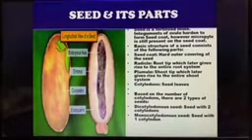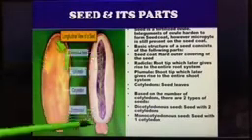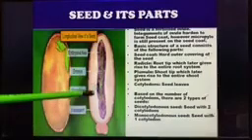So here the cotyledon part is very important because it reserves food material. When the seed starts germinating or when it is in the seedling stage, these cotyledons provide nourishment to the germinating seed, right? So here it is a bean seed, and here is the seed of castor which we studied earlier.